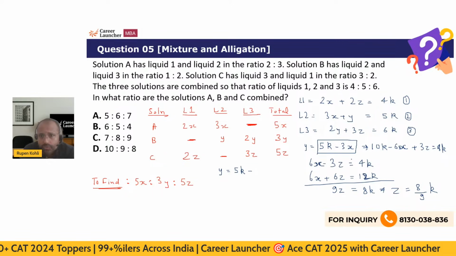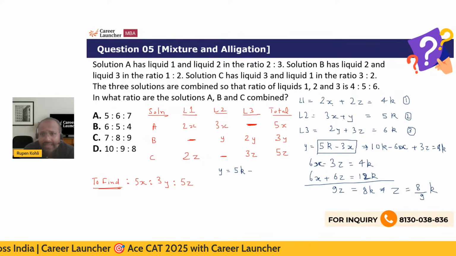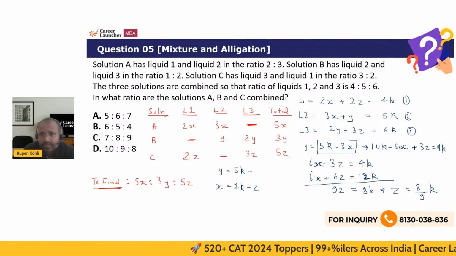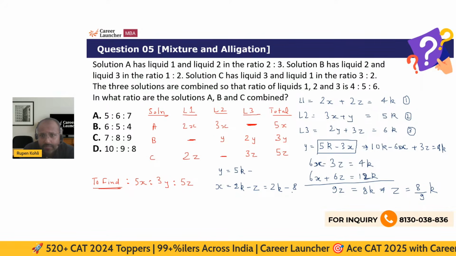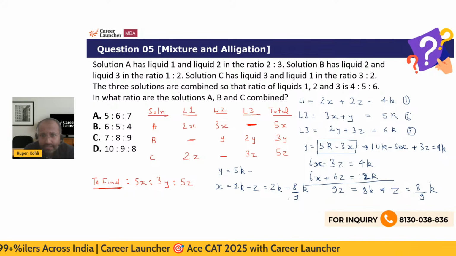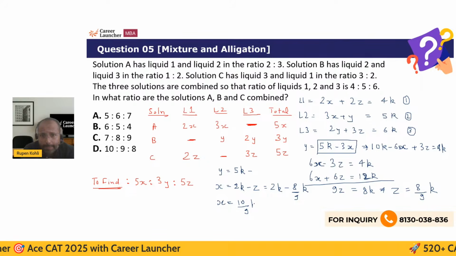So from the first equation itself, where we have x plus z is 2k basically, x is 2k minus z, or 2k minus 8 by 9 k. 9 into 2, 18 minus 8, 10 by 9 k. So x is coming to be 10 by 9 k.